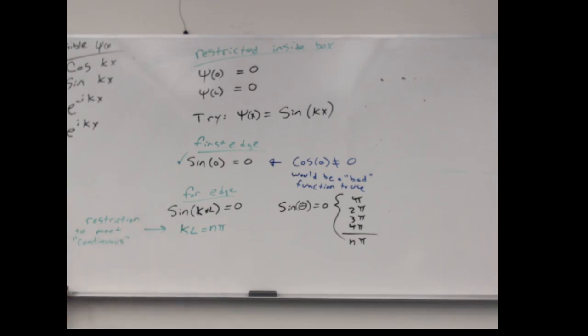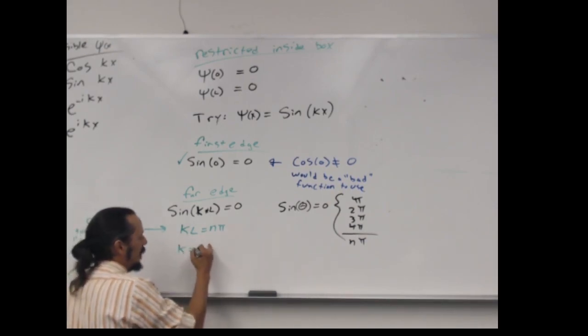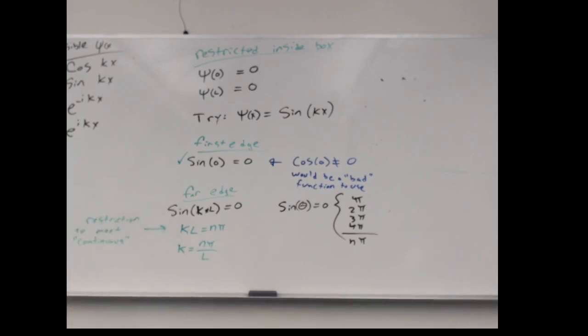I put a restriction on that kL where it has to be equal to n pi. That's going to guarantee at that far edge, my function always goes to 0, and I'm going to have a continuous function. I can rearrange this a little bit, and I can say k is equal to n pi over L.